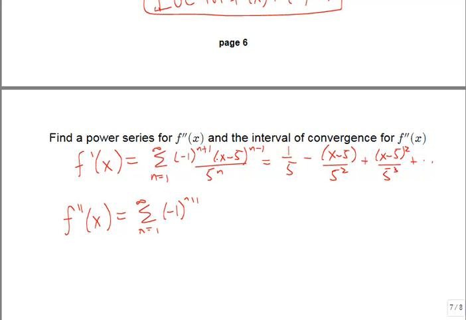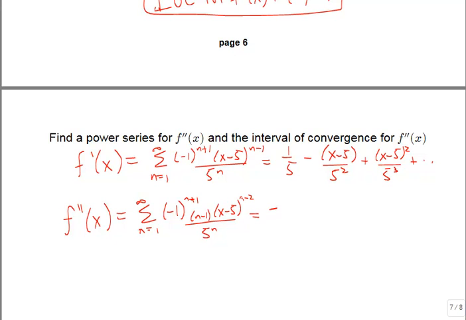Using just the power rule here on our x part only. This 5 to the n in the bottom is going to stay put. It's like a constant. So the derivative of x minus 5 to the n minus 1, you bring down your power, so this will be an n minus 1, and then for the new power you subtract 1, so this will become an n minus 2. So if I expand that out, when n is 1, we're just going to get 0. When n is 2, this will be negative.